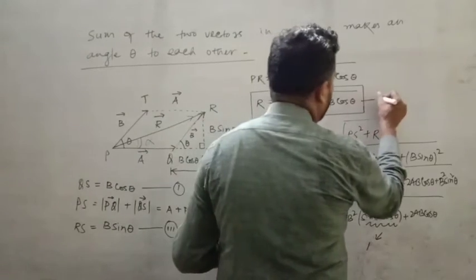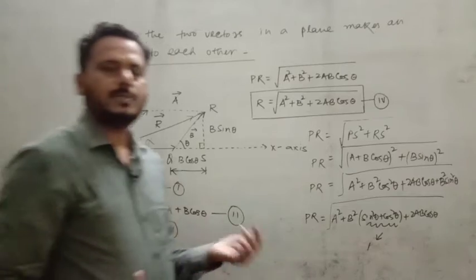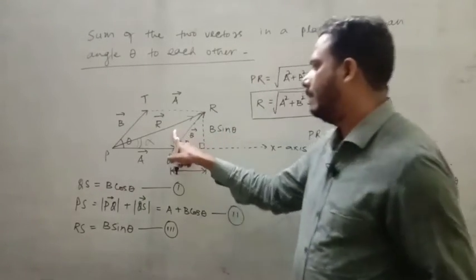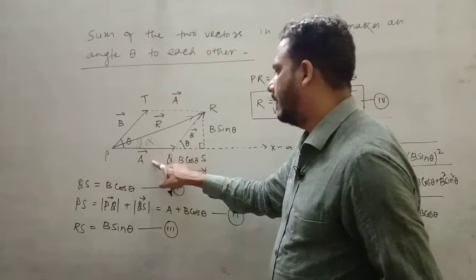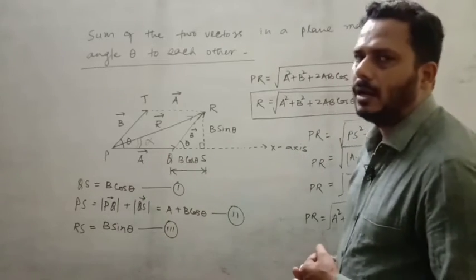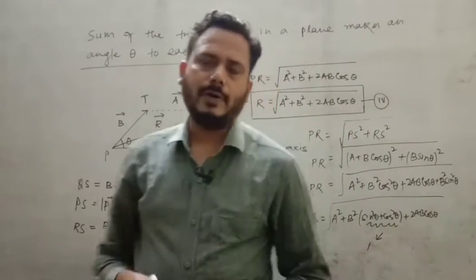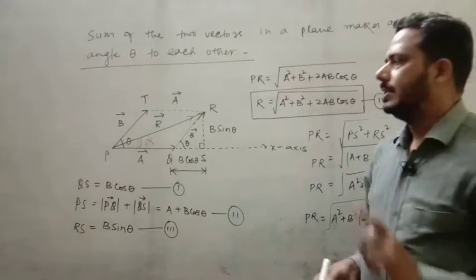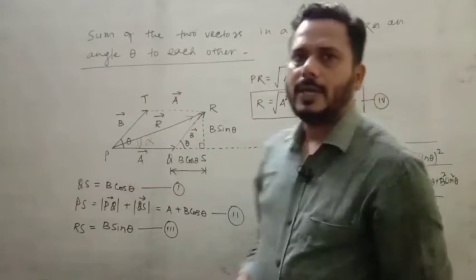Now again, I just want to say that if this resultant R makes an angle alpha with this vector A, then what will be the angle alpha? So to find this angle alpha, we again use the same right angle triangle PRS.